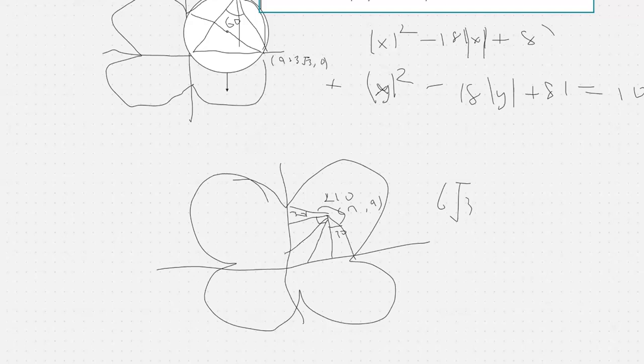Wait, did I get something wrong here? Professor, each circle's part is 2/3 of the circumference. Well, the central angle is 210, but then you also have this part, which is 30.